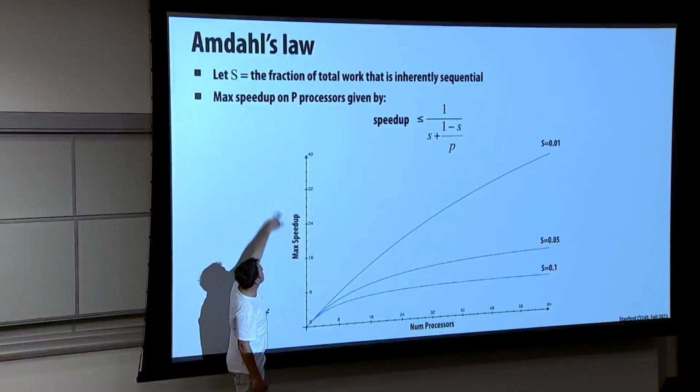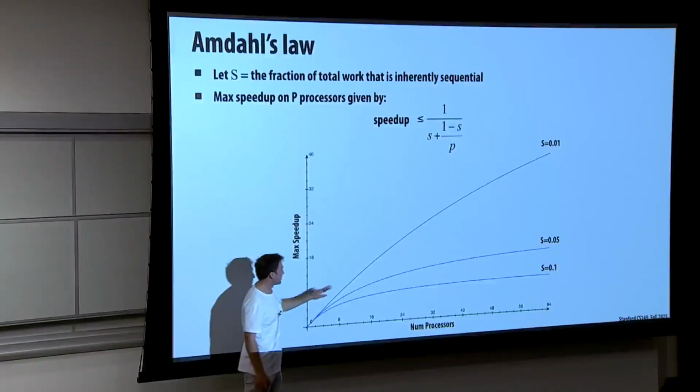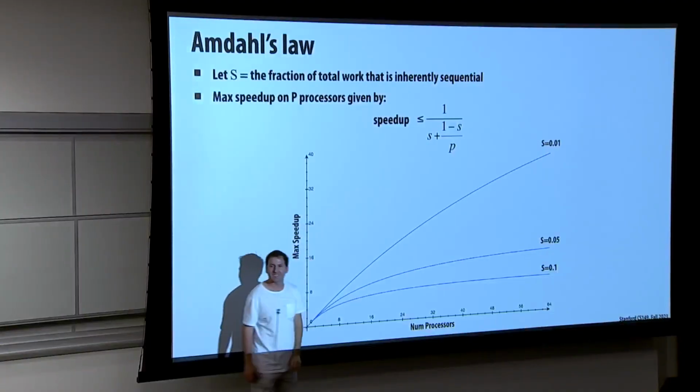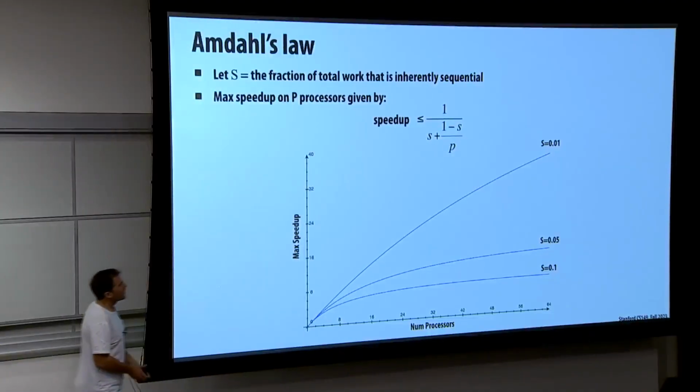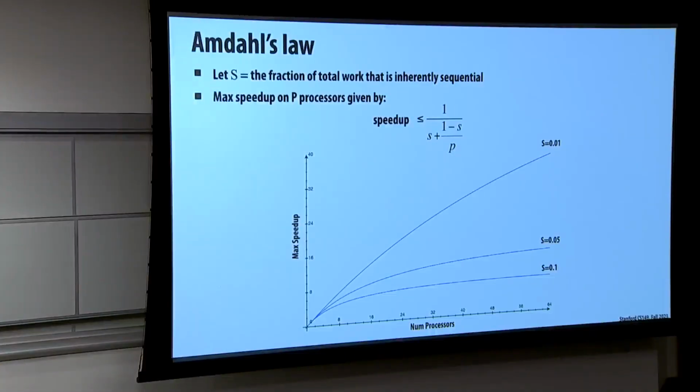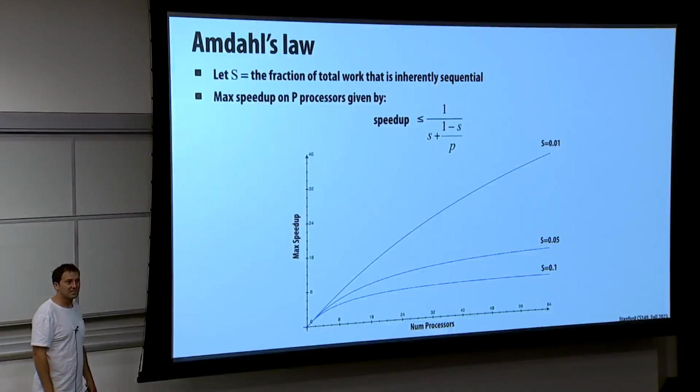And this is a theoretical optimum speedup for programs that have different s's. Right? So let's say that only 1% of your program was sequential. And you run that thing, and the other 99% is perfectly parallelizable on a 64-core box. You are limited to about 40x speedup. That 1% of sequential really starts to bite you.